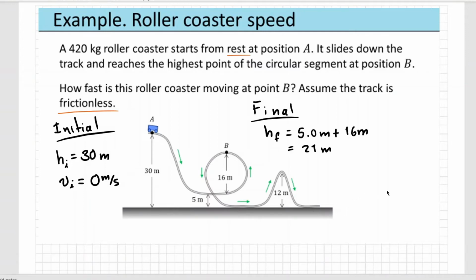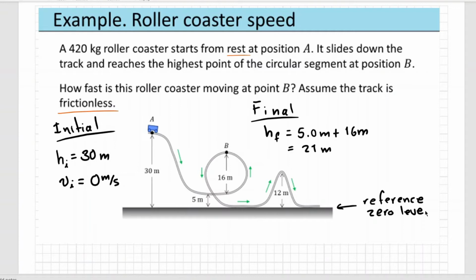Note that here we have taken as the reference zero level the level of the ground. We could have chosen any other reference height, let's say the initial position of the car, and that would have been fine as well, but then we would need to calculate the position B as measured from position A, which would give us some additional calculations.